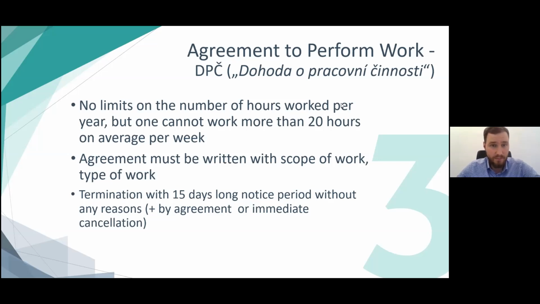Both agreements must be in writing, and there has to be a description of the scope of work and the type of work the employee will be doing. As well, there's a 15 days long notice period, and it can be submitted without any reasons. Termination by agreement as well, as always.